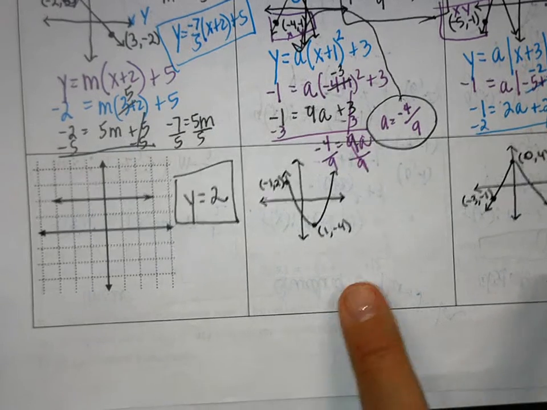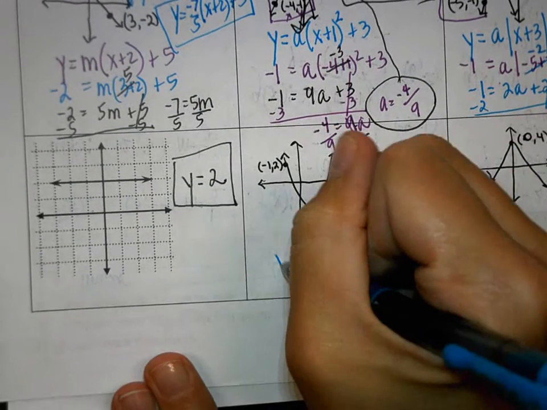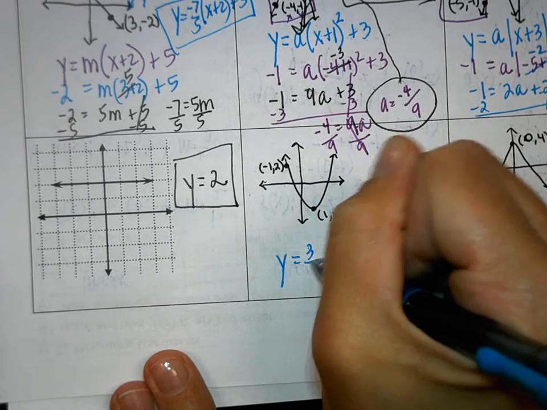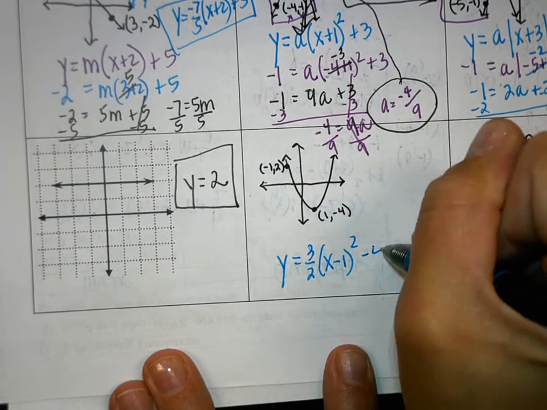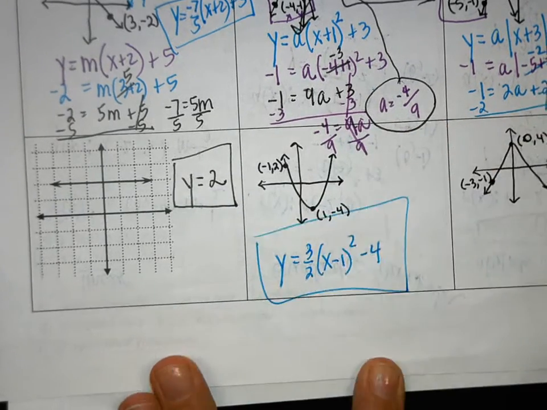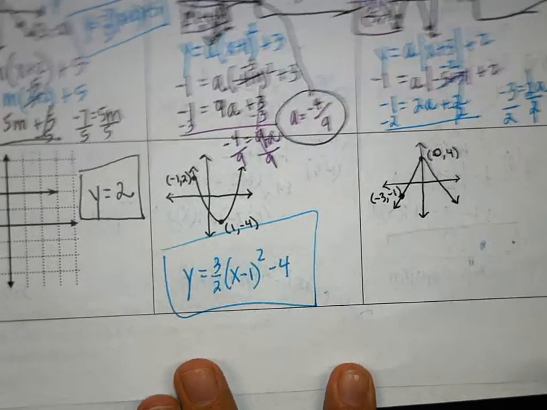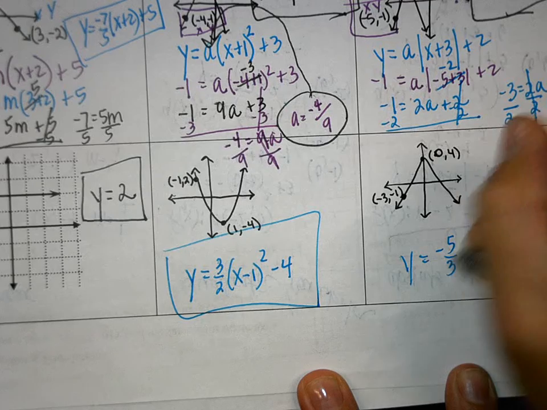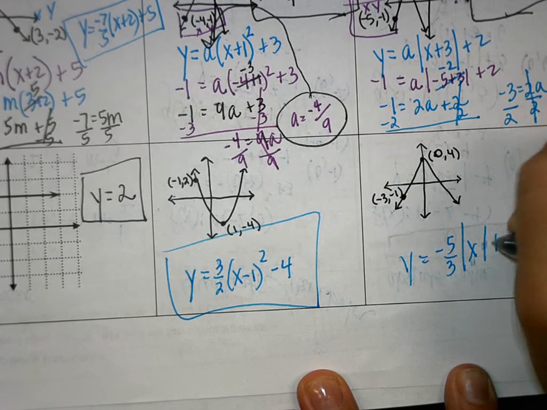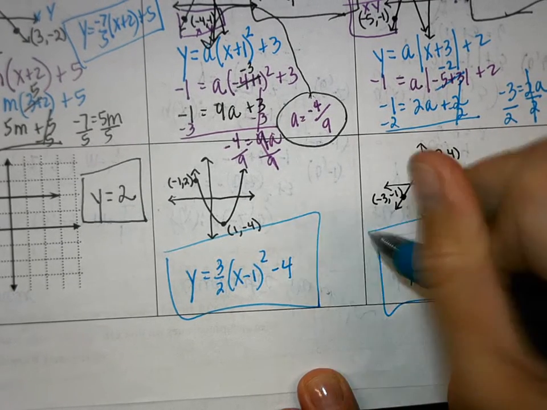This one should have ended up being y equals 3 over 2 (x minus 1) squared minus 4 for the parabola. And then we get y equals -5/3 absolute value of x plus 4 is that equation. Any questions?